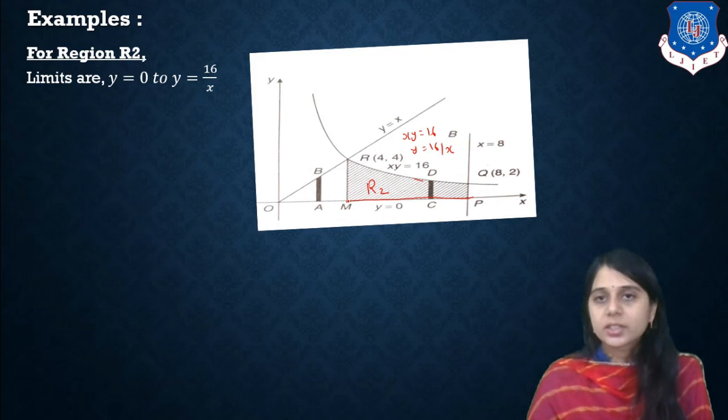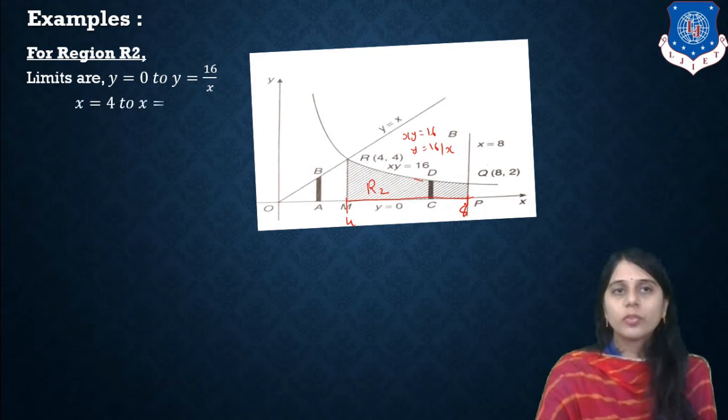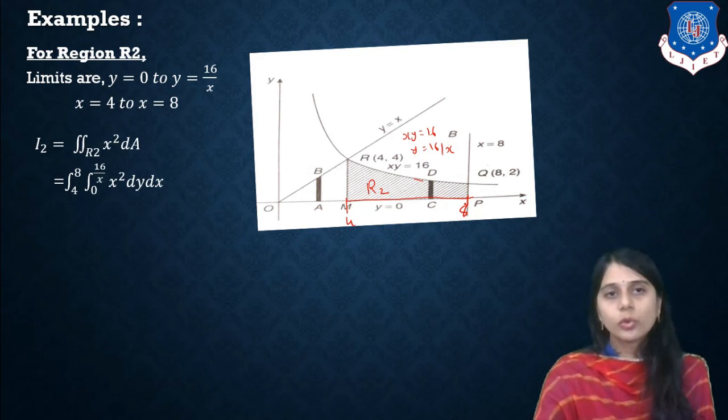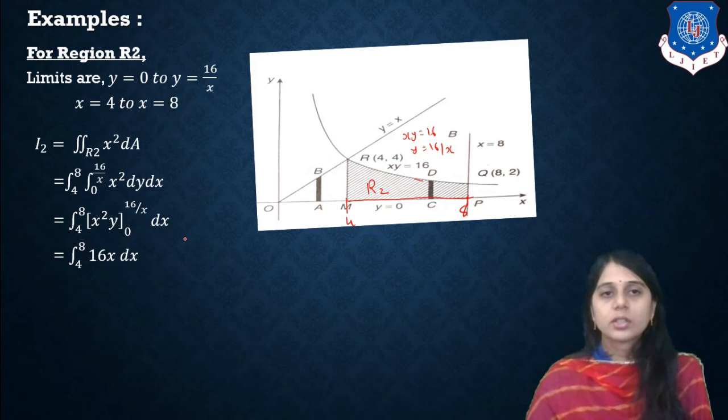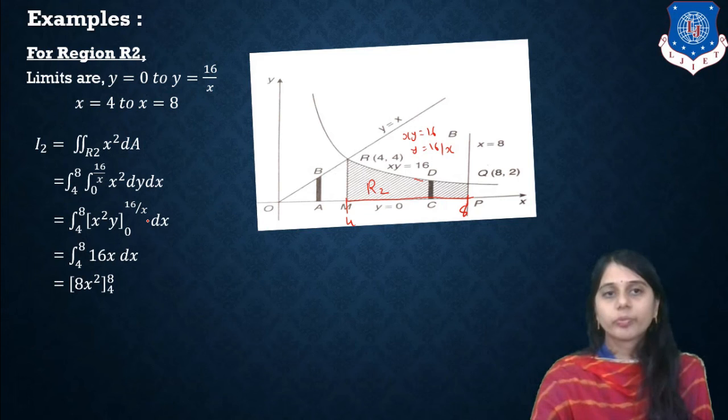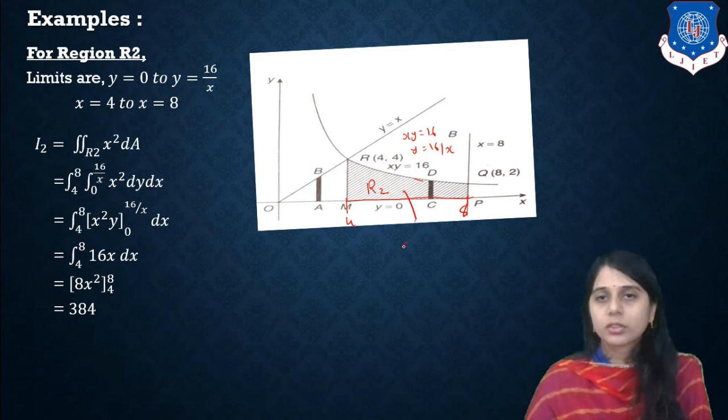Now what is the limit of x? x starts from 4 and goes to 8. So the value of x is 4 to 8. Taking the limit x equal to 4 to 8, y equal to 0 to 16 by x, x square dy dx. Now integrate this, we get x cube by 3, y as it is, getting 16x dx. Put the limit of 16x and 8x square, 8 and 4 upper limit, we get the answer for the R2 region is 384.